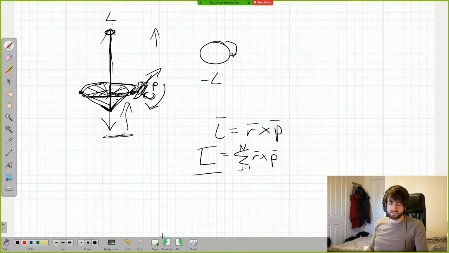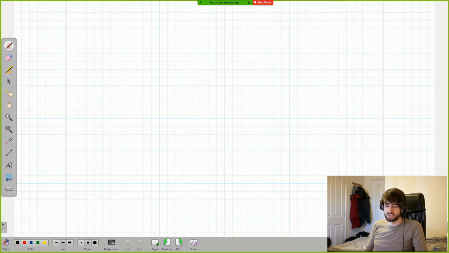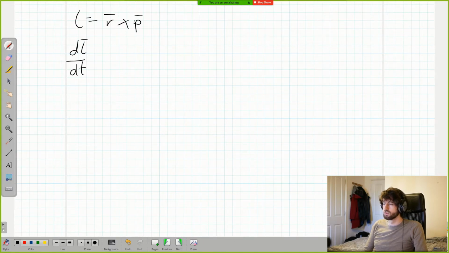Right, so what if we wanted to find how the angular momentum changes? We've got L is r cross p, but we want dL by dt, the change in angular momentum. If we take the d by dt of this, we use the product rule.